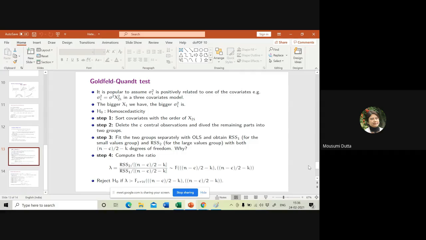Suppose it is known that sigma i square varies with the jth explanatory variable. Let's assume sigma i square is positively related to xij.